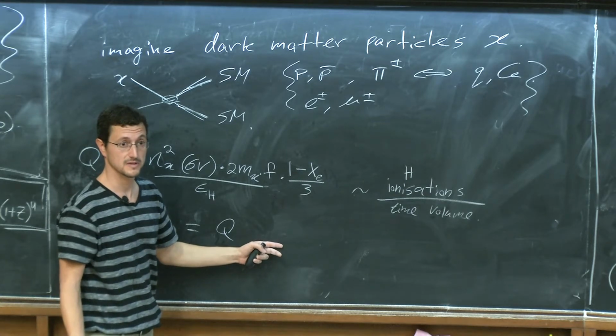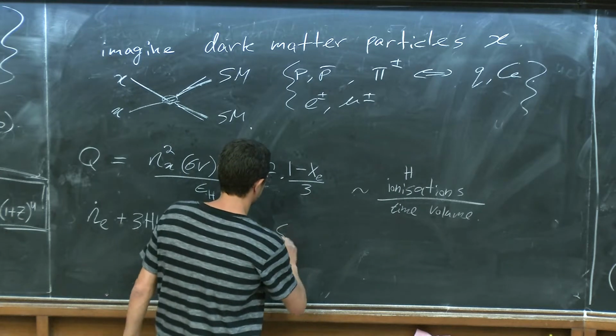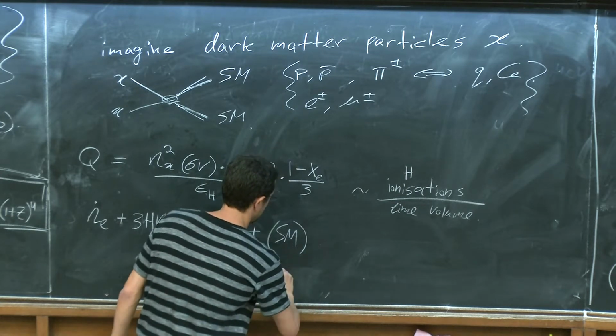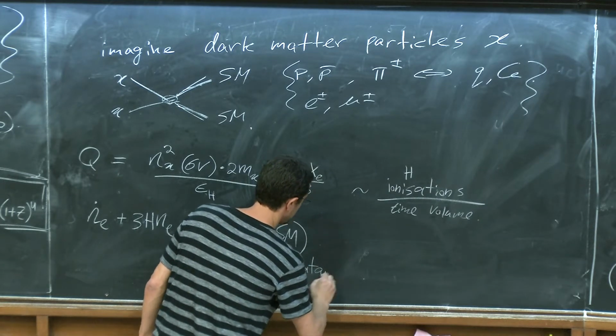Now there are other terms here on the right. There are standard model terms, okay? So standard model term, there is some ionization. Let's call it standard model. It's ionization by just standard model photons.